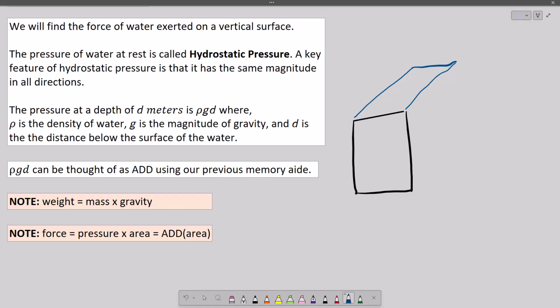There's all this water behind this dam. Let's imagine we've got a mile of water. What do you think will happen to the force on the dam if we extend this mile of water to 2 miles?